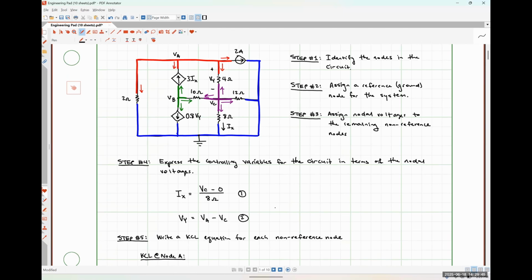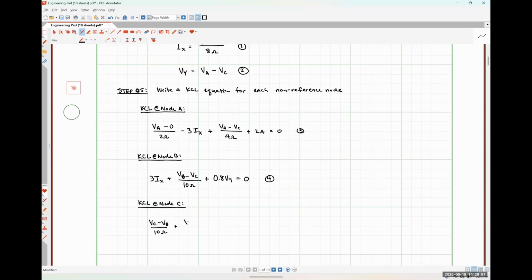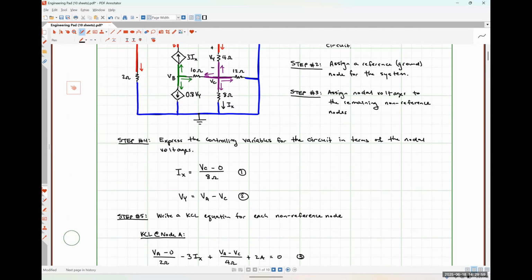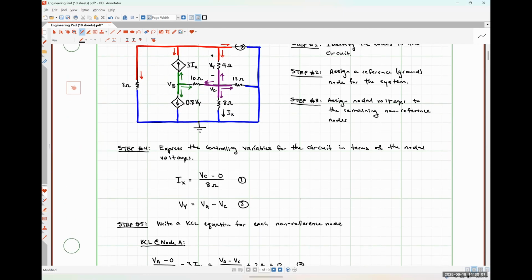VC minus VA over 4. Exactly right, Joseph, thank you. Now let's do the current flowing to the right through the 12 ohm resistor. VC minus 0 over 12. Yep, VC minus 0 over 12.